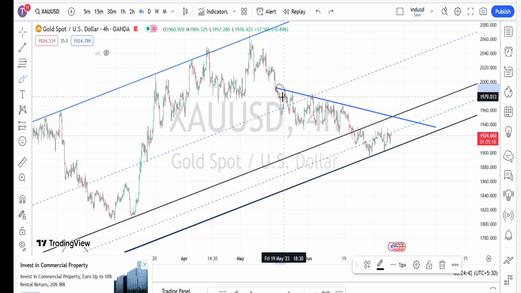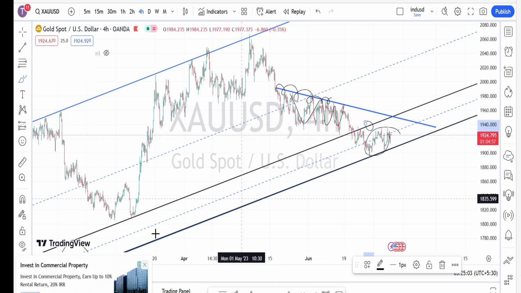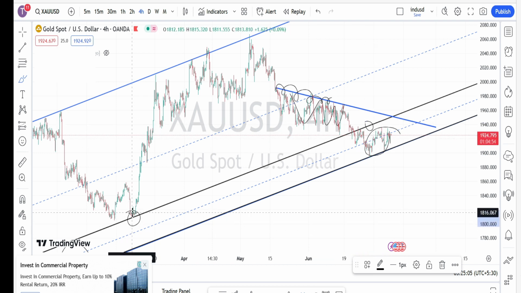And as per yesterday's analysis, in daily time frame, the current trend of the price action is in a bearish trend as long as it is trading below this resistance line from the daily time frame, the blue color line. And yesterday also we have noticed a price action to consolidate within this resistance line, which was acting as a support line in the daily time frame, and the price is still moving within this resistance line and the support line.